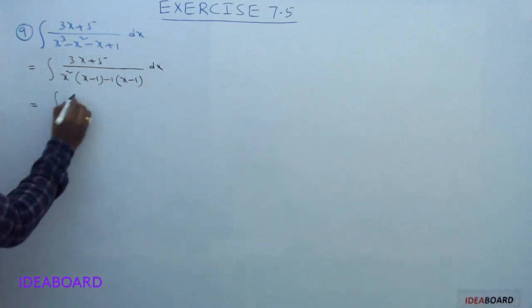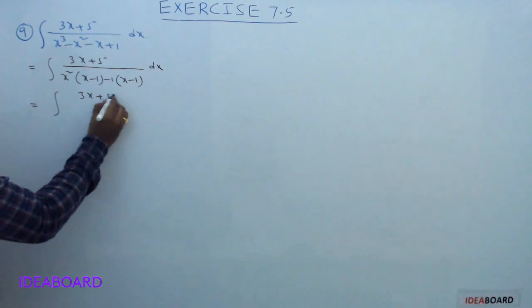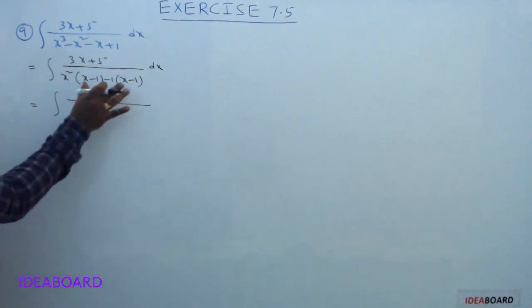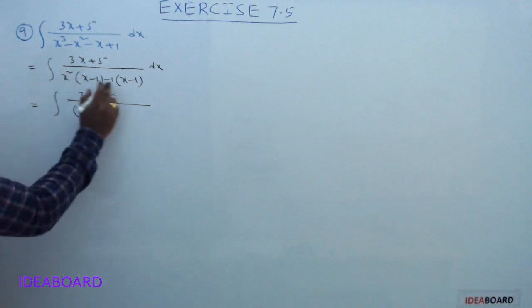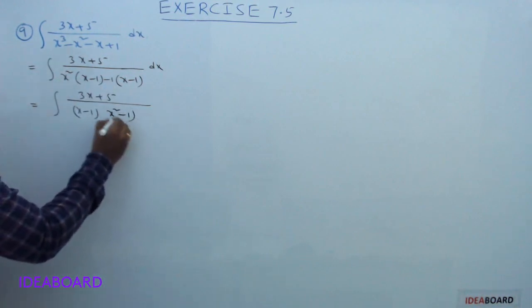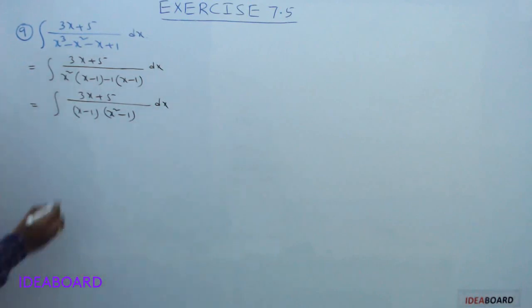Now this equals integral 3x plus 5 divided by, here x minus 1 is the common factor, so x minus 1 into x square minus 1 dx.